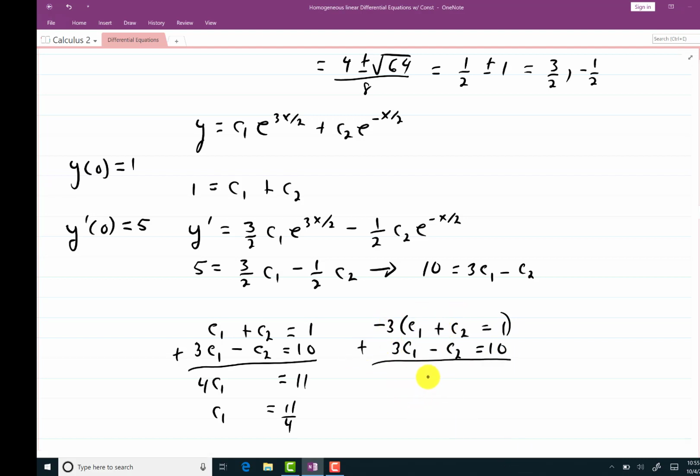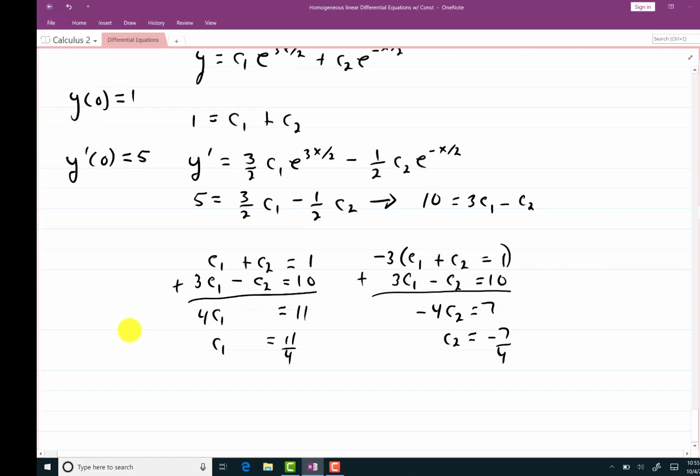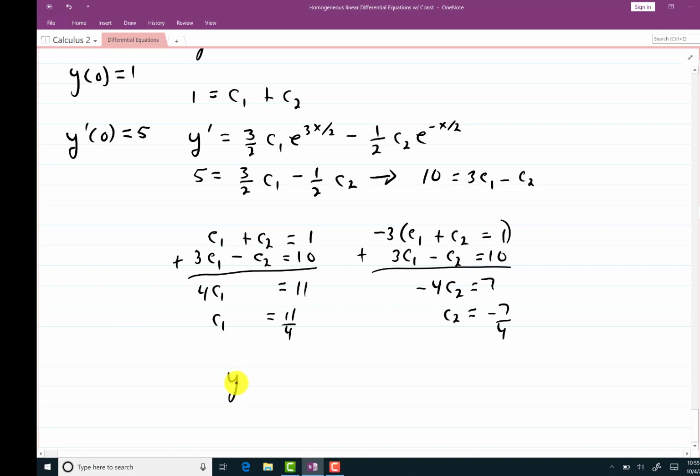But then I'll get negative 4c2 equals negative 3 plus 10, which is 7. So c2 will equal negative 7 fourths. So my solution then is y equals 11 fourths e to the 3x over 2 minus 7 fourths e to the negative x over 2.